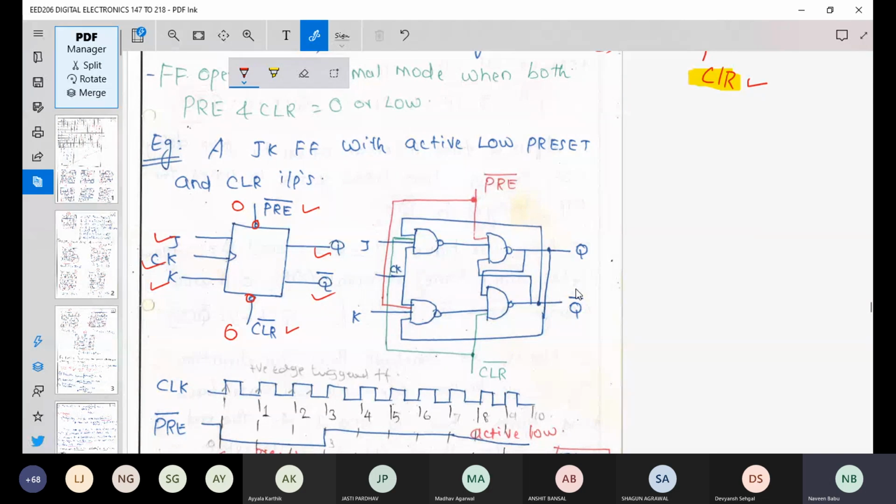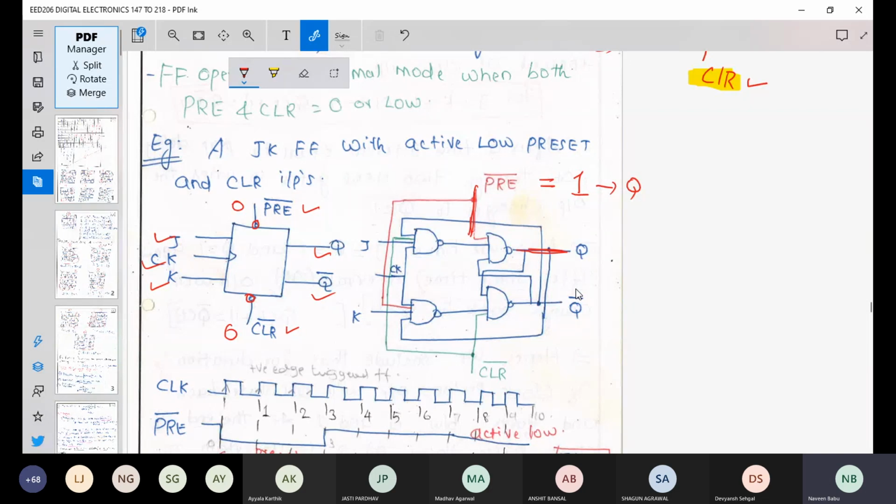If I want to make this Q equal to 1, I have to give a 0 input here, because this is a NAND gate. So when I give a 0 input here, I am directly connecting my preset to my third gate. If I number the gates 1, 2, 3, and 4, I directly give my third gate a 0 here.